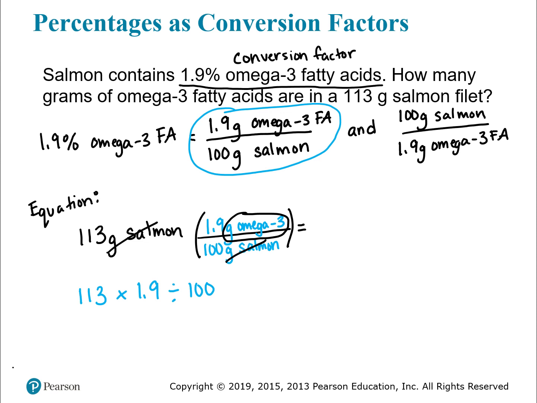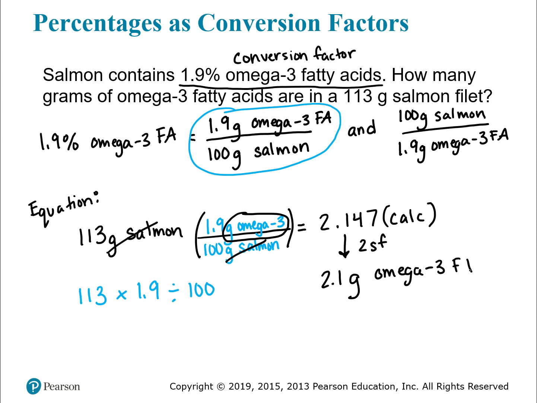Let me know what you get. So your calculator will give you a few extra digits. But with 2 sig figs, it's 2.1 grams of omega-3s. Don't forget that grams.